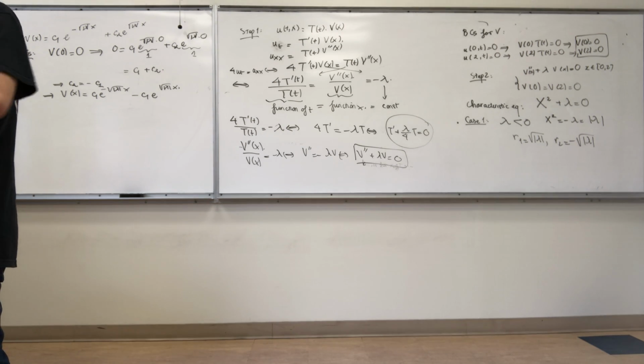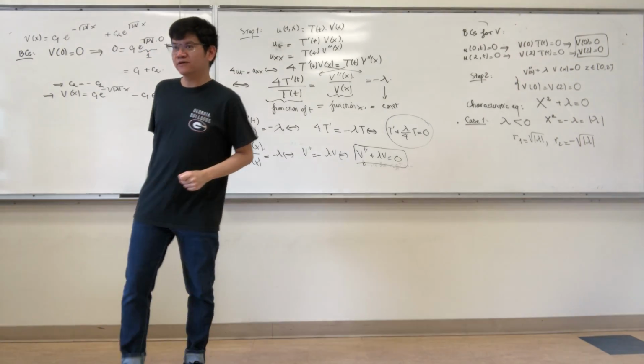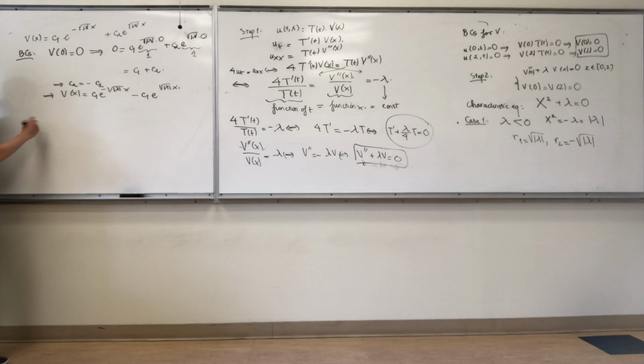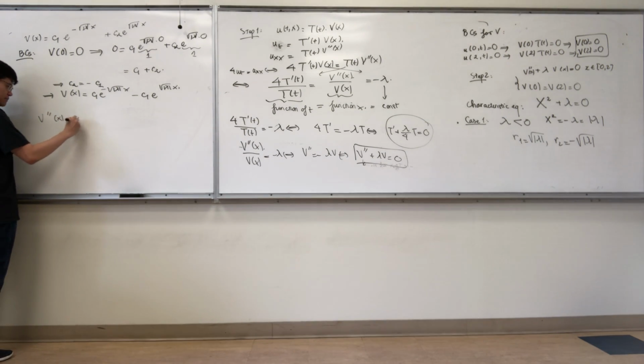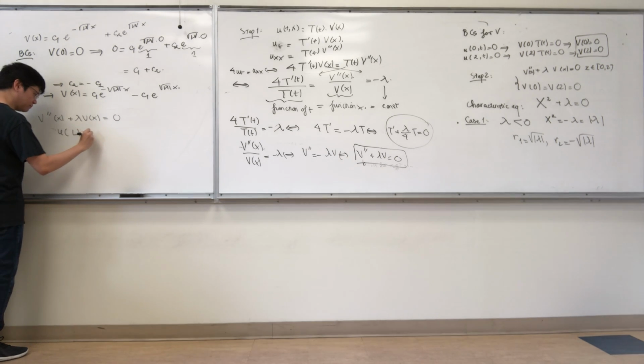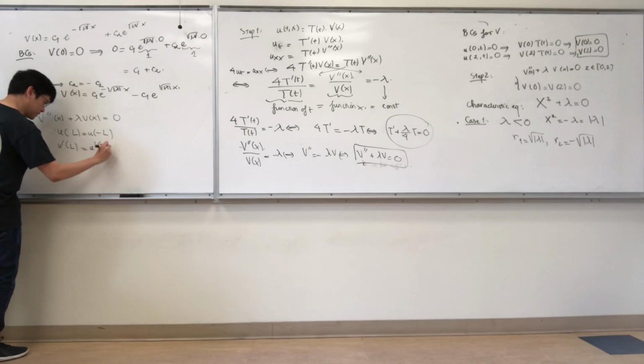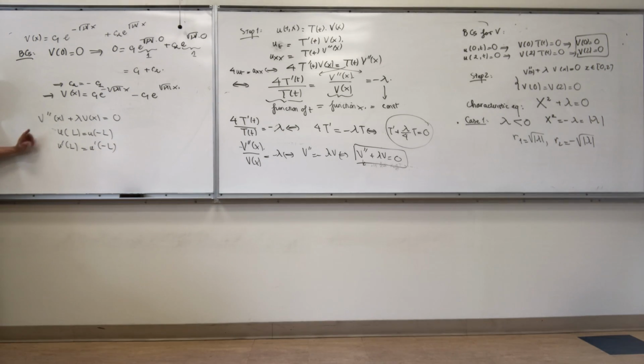This is the case of the Fourier series, right? So how do you find a Fourier series? You have v second plus lambda v is 0. You have u at L is u at minus L, and u prime at L is u prime at minus L, right? So this is the eigenvalue problem. In this case, the second case will give you 1, and the last case will give you cosine and sine.